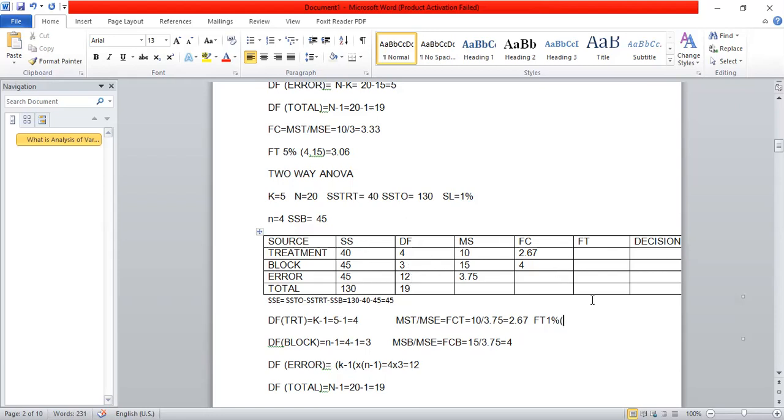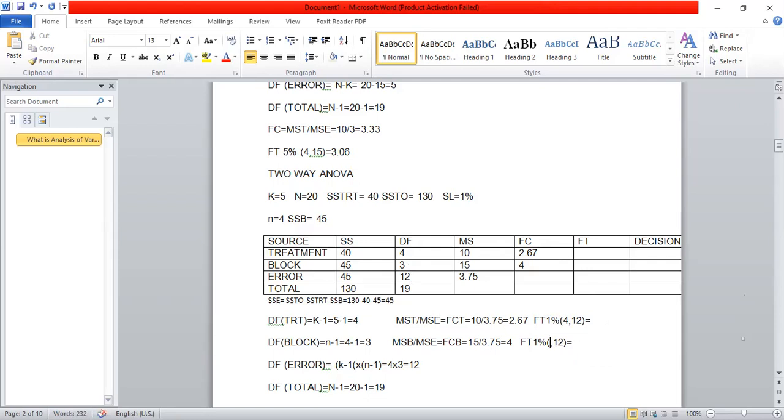So this is 4 comma what? 4 comma 12, right? 4 comma 12. How about the degree of freedom for the block?